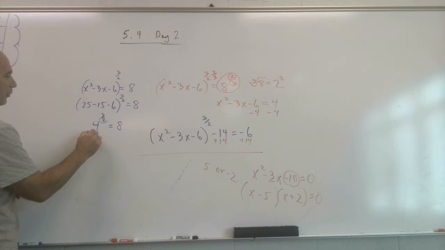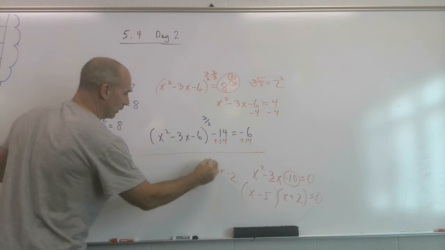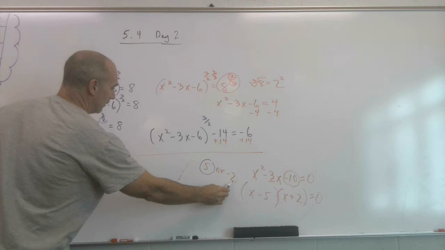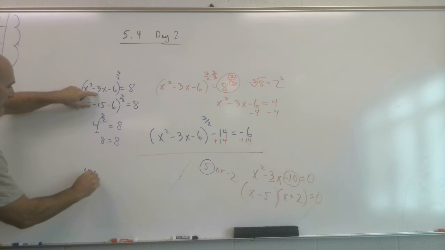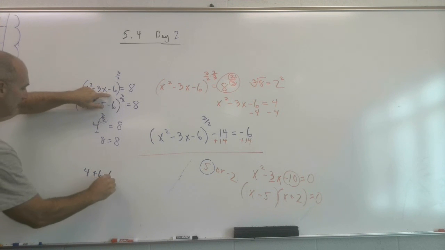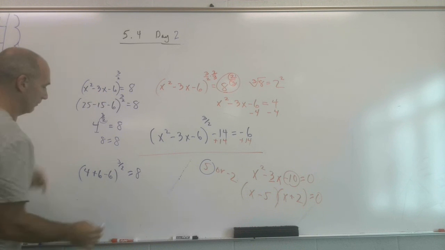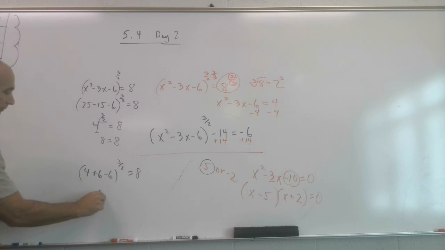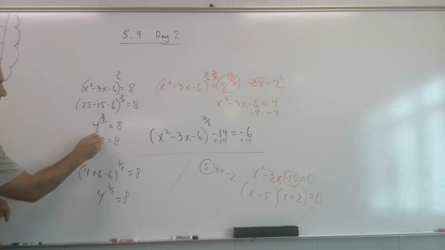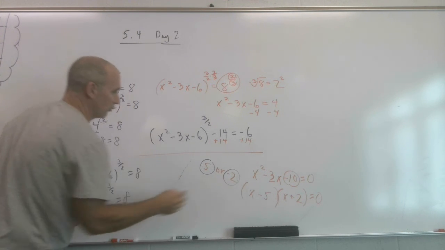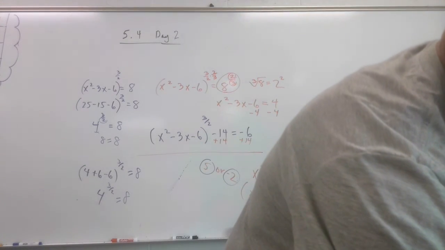The square root of 4 is 2. 2 cubed is 8. So this is 8 equals 8. Winner, winner. Now let's plug in negative 2. Negative 2 squared is 4. Negative 2 times negative 3 is positive 6. Minus 6 to the 3/2 power equals 8. Well, this is the same thing. 4 to the 3/2 power equals 8. We just checked that out, and it's true. It's got to be true for this one. Two answers. Good stuff. That's it, guys. Good luck on your homework.